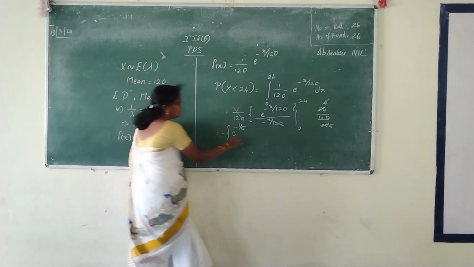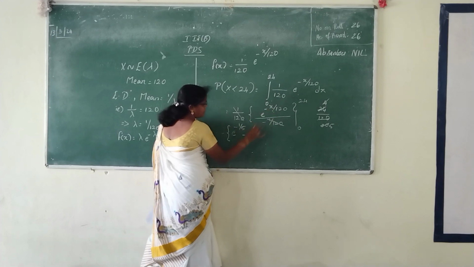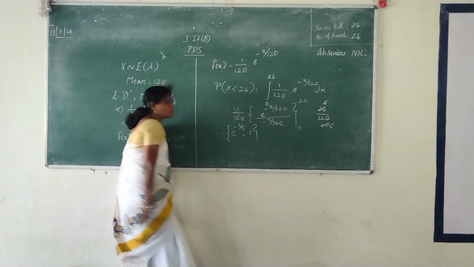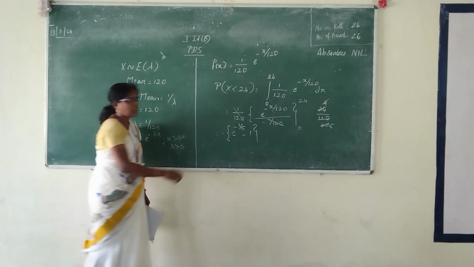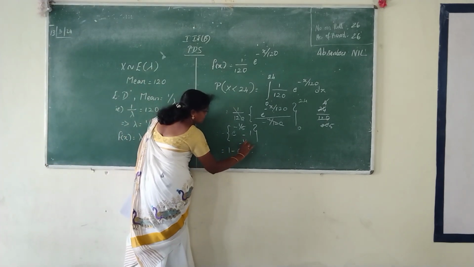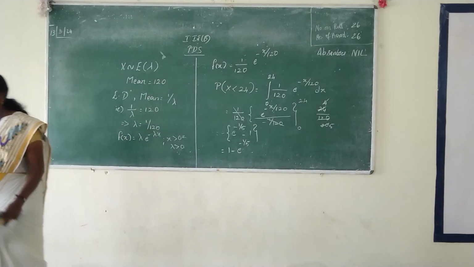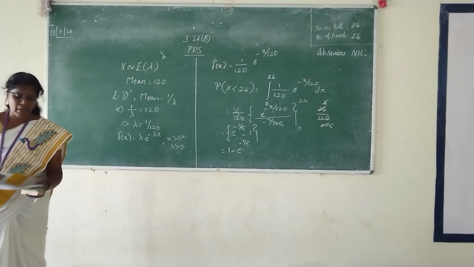Minus, x equal to 0. So e power 0 will become 1. If you multiply the negative sign inside, you can rewrite the answer as 1 minus e power minus 1 by 5. So this value can be found by using a calculator. What is 1 by 5?